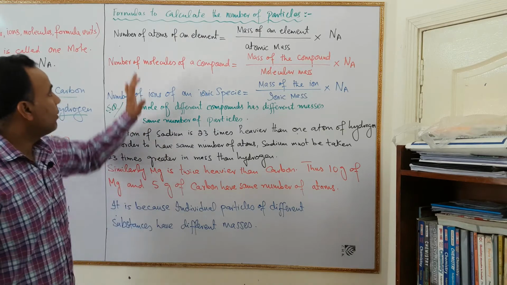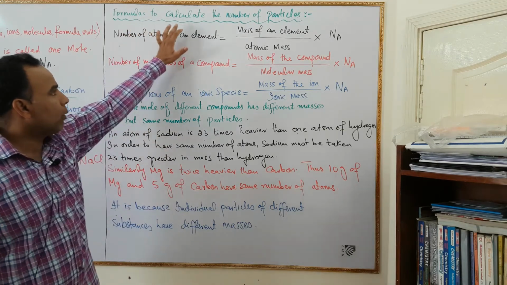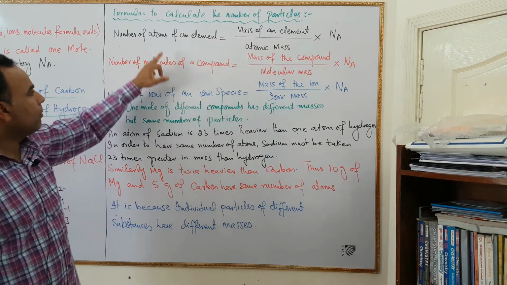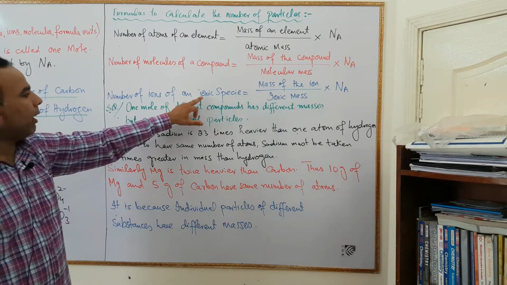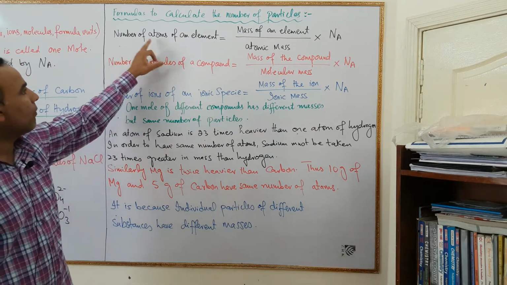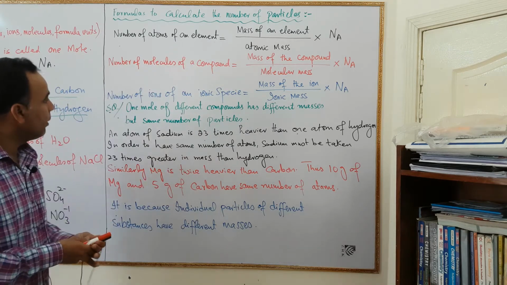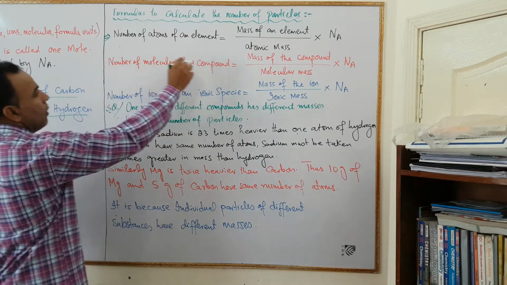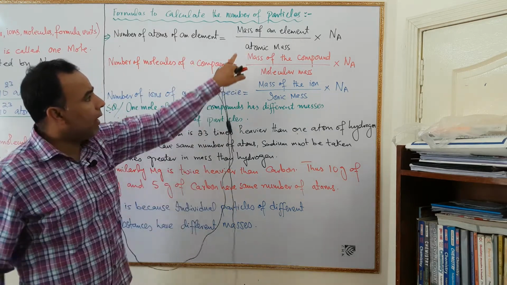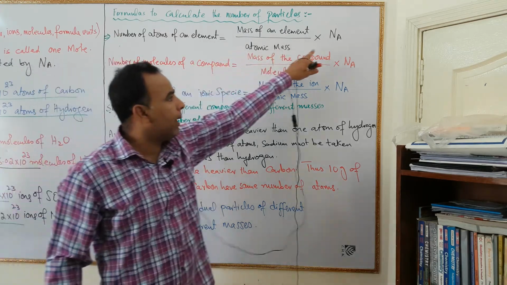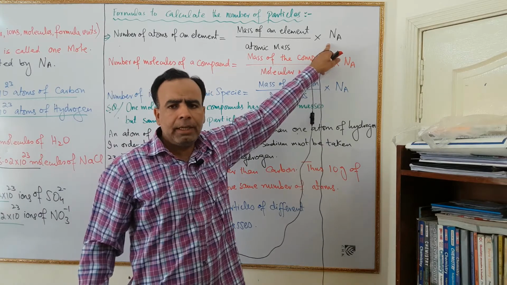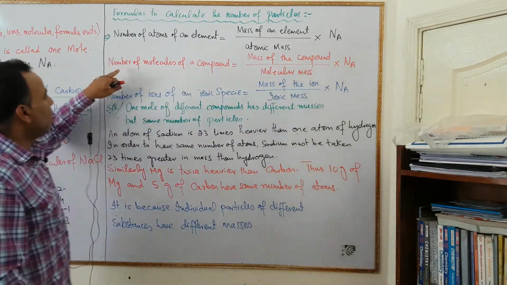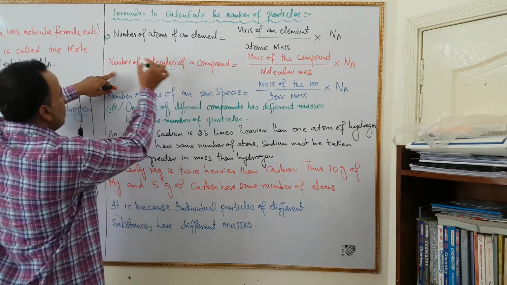Dear students, formulas to calculate number of particles, that is atoms, molecules and ions. Number of atoms of an element will be equal to mass of an element divided by atomic mass multiplied by Avogadro's number Na, 6.02 × 10^23.